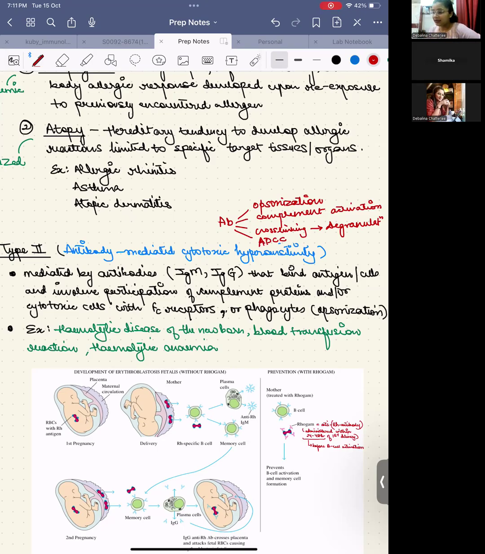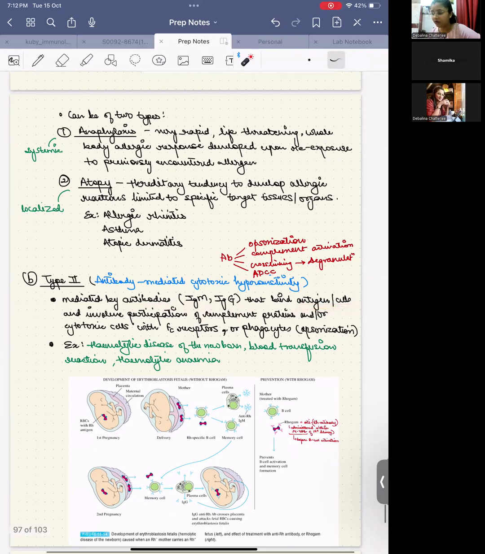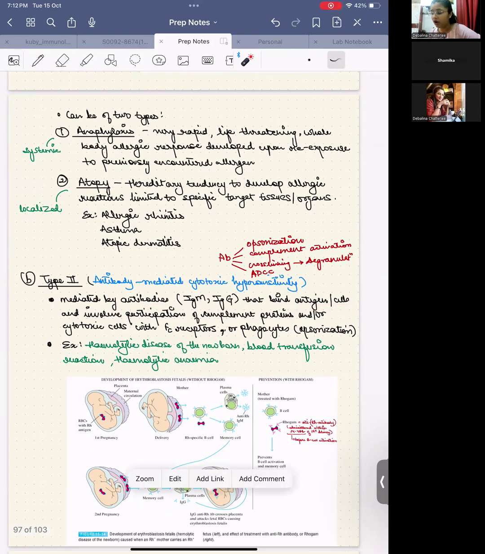So ADCC is something that sounds most relevant because again, the name here is antibody mediated cytotoxic hypersensitivity. So here the important classes of antibodies are IgM and IgG, which can bind to the antigens of the cells and are involved in participation of complement proteins or the cytotoxic cells with Fc receptors.